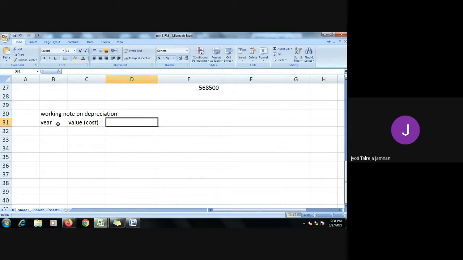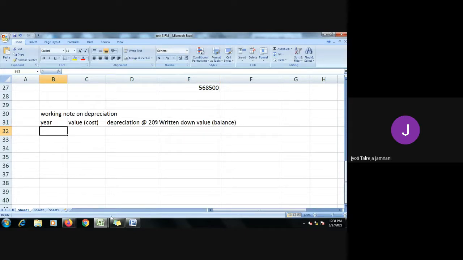Then we calculate the depreciation at 20%, and then we'll get the remaining value. After minusing the depreciation, we will get the reducing balance, also called the balance of the asset.